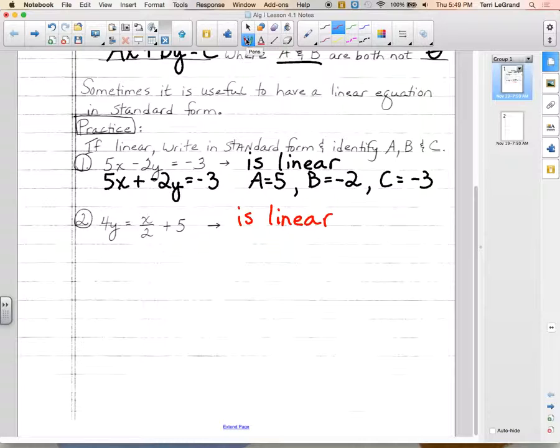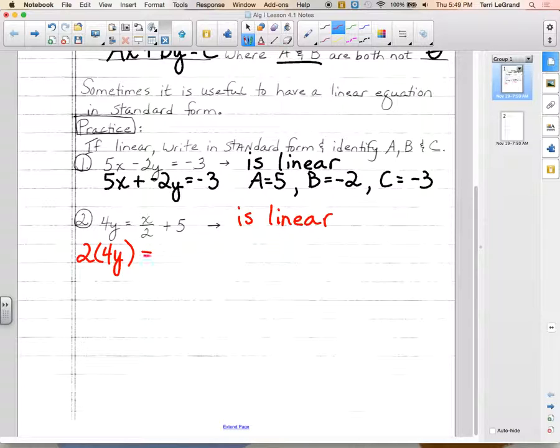So if we can, we try to get a to be a positive, basically a natural number, a counting number. So since x is being divided by 2, the first thing we're going to do is take every piece of that equation times 2 to get that fraction out of there, to eliminate that denominator.